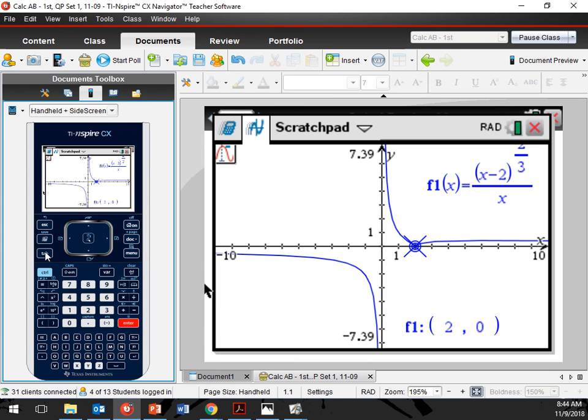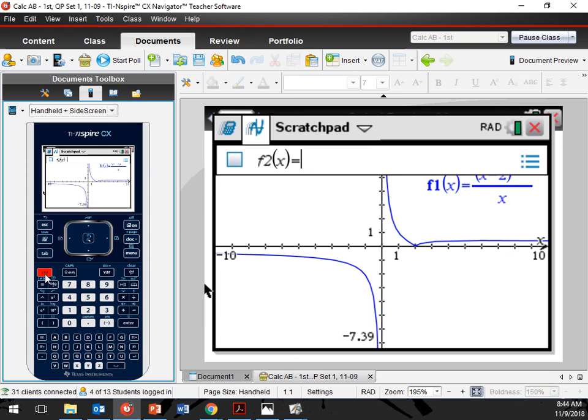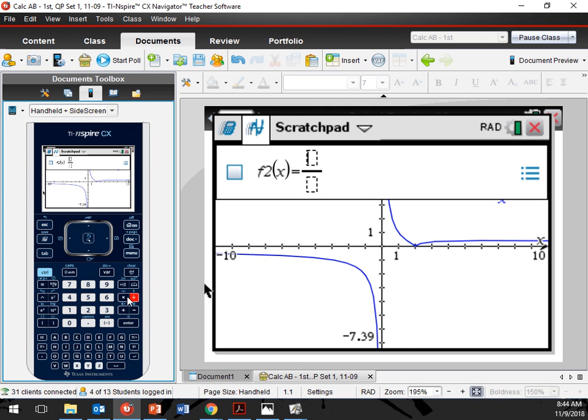Let's go ahead and graph the derivative. Now these are all slopes, so don't confuse yourself here. So what is my first one? It's going to be 2/3, right? 2/3 x, control divide.